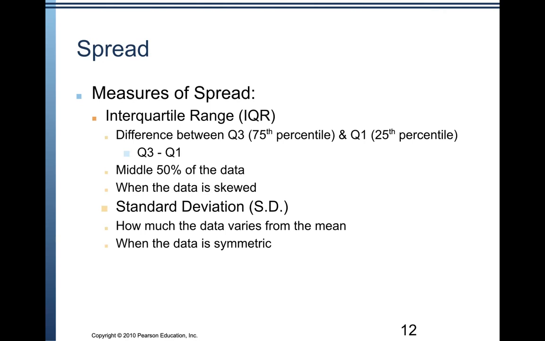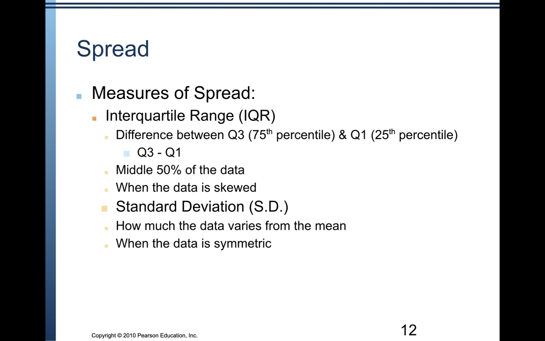So if you take the value at the 75th percentile, the 75% mark, and you subtract the value at the 25% mark, that difference is called the interquartile range. We consider that to be where the middle 50% of the data is. Where did I get 50 from?